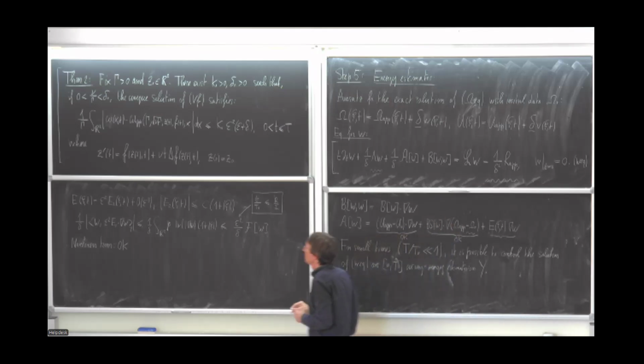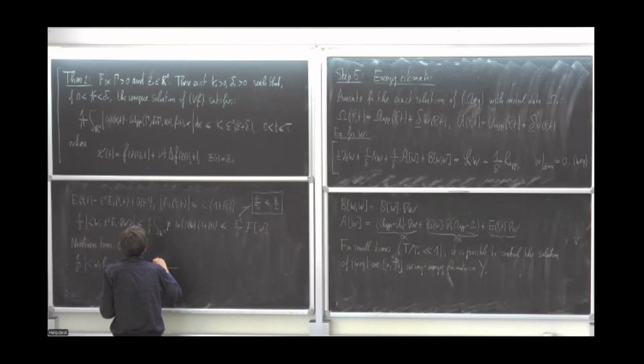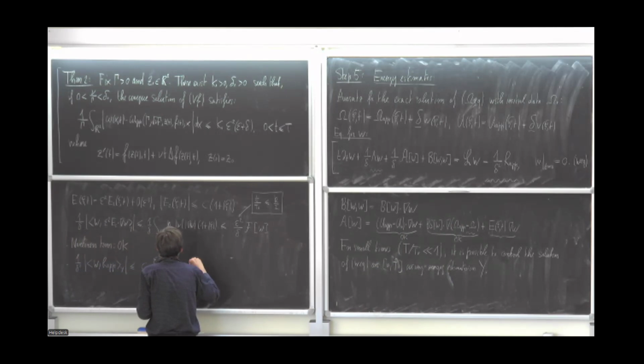And the last one is trivial because it's 1 over delta square times W R in y, and this is bounded by a constant, as I mentioned, epsilon 5 plus delta square epsilon square divided by delta square. So this is bounded by C times epsilon times W in y.